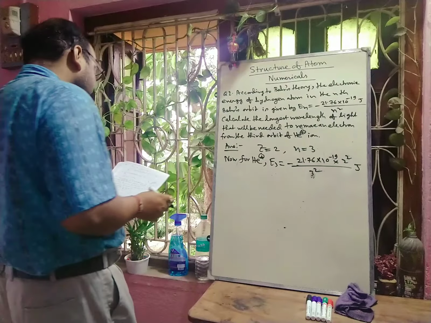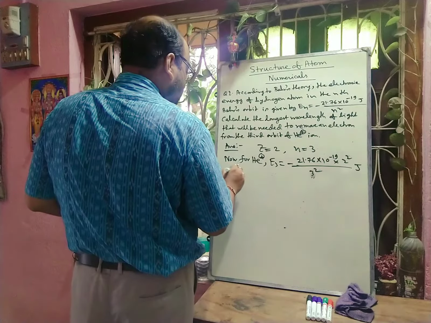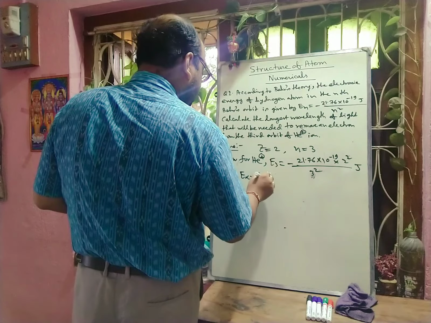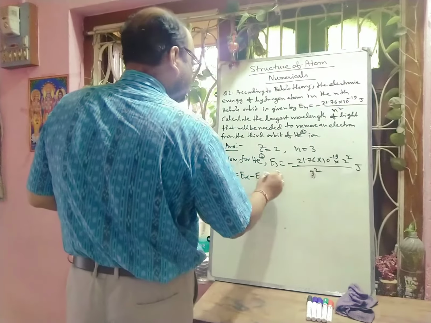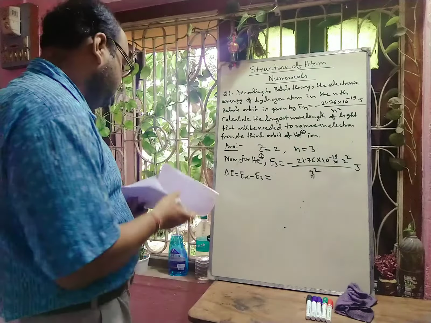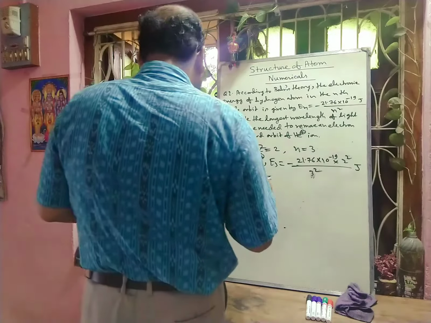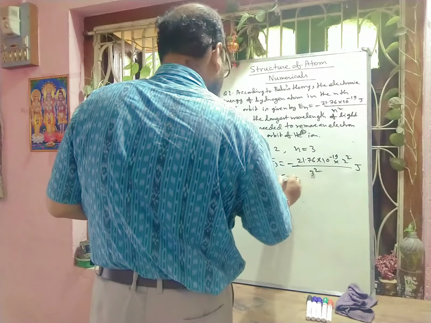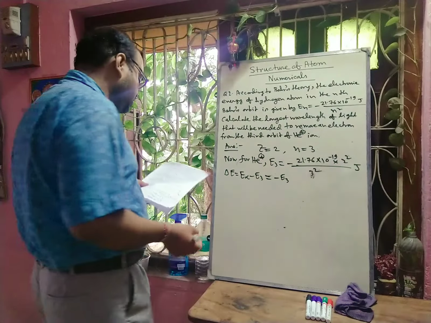So here delta E is equal to E infinity minus E3. We are taking the electron to infinity, where there will be no attraction of the nucleus. So that will be minus E3, as E infinity is equal to 0.